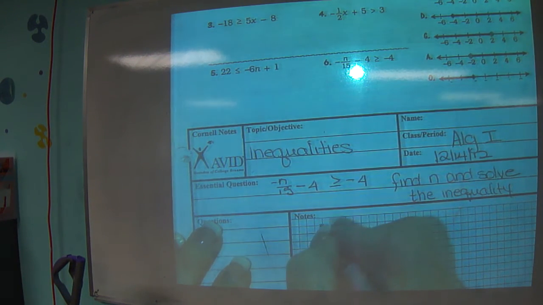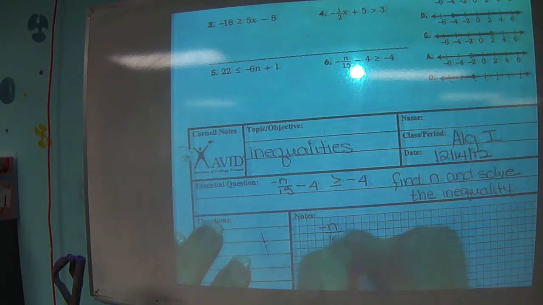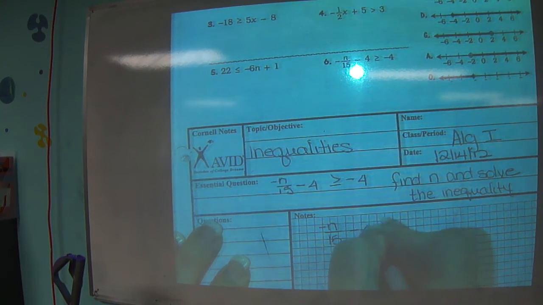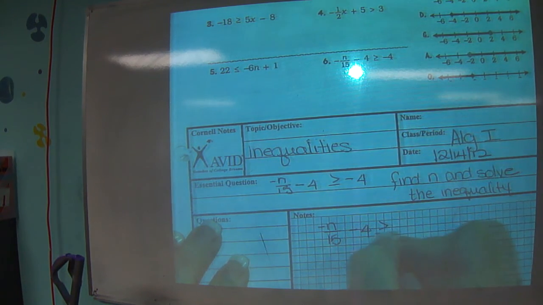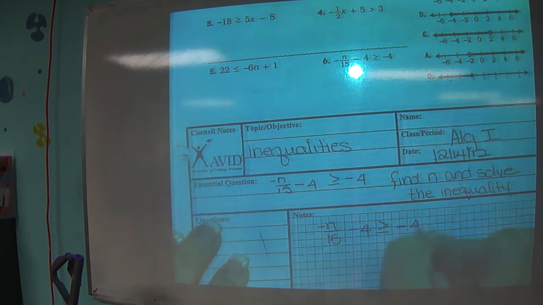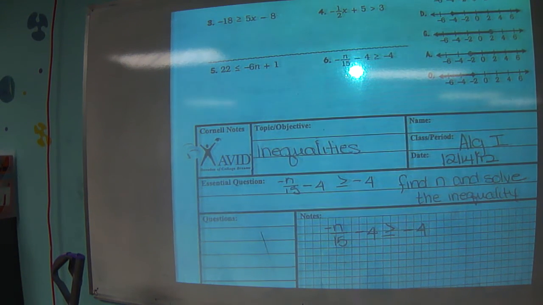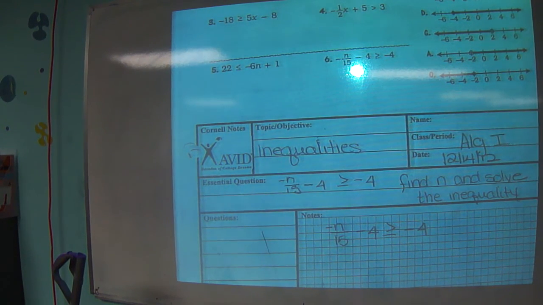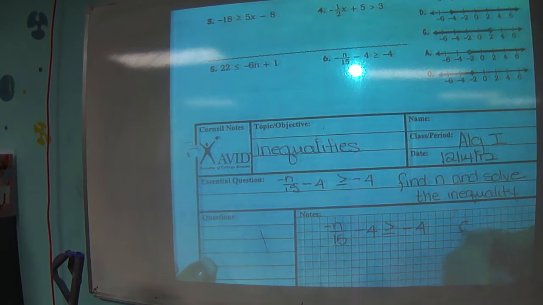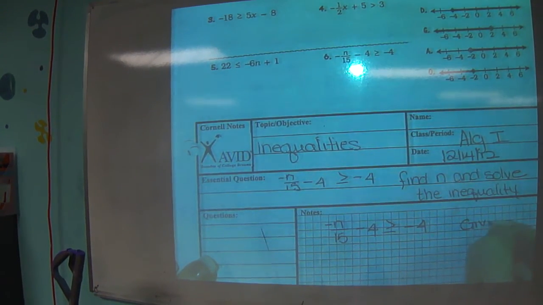So here, negative n over 15 minus 4 is greater than or equal to negative 4. How do we begin? How would we begin this?